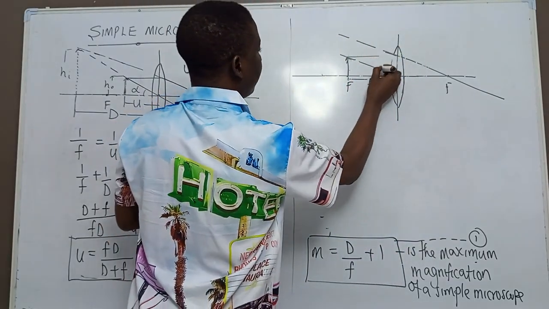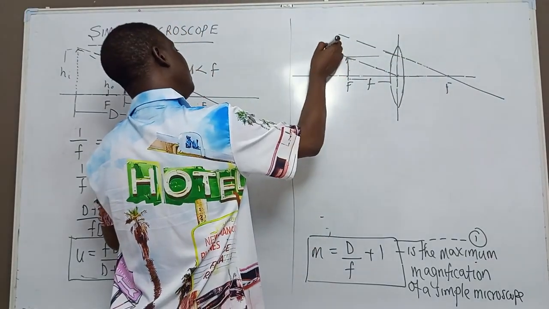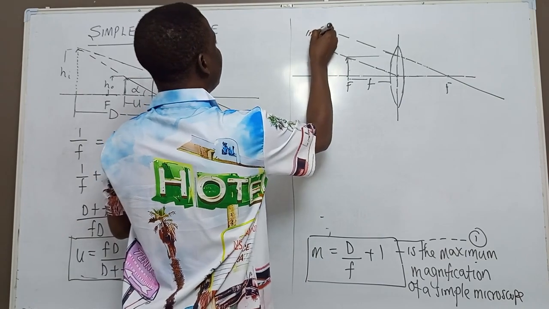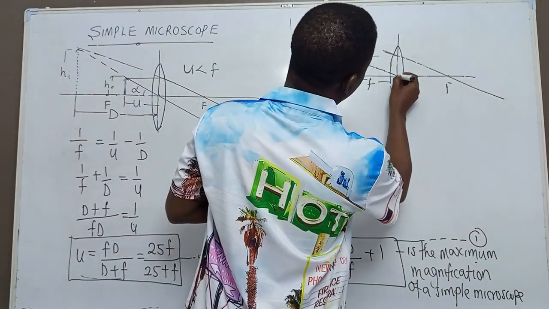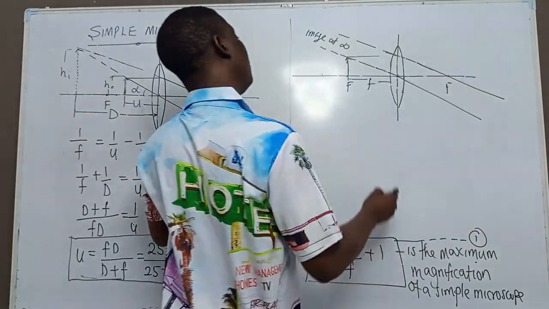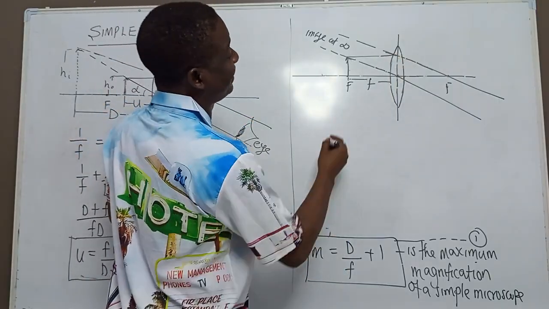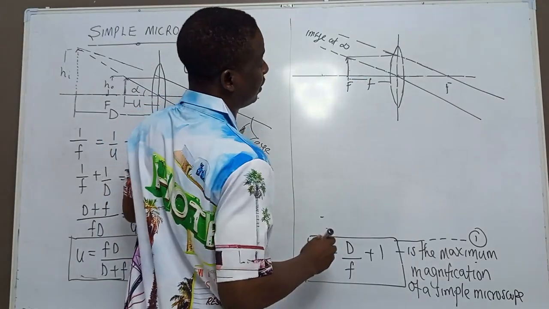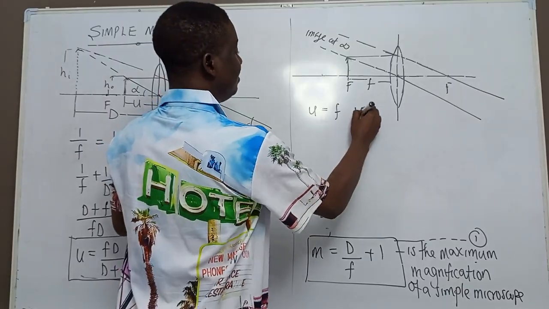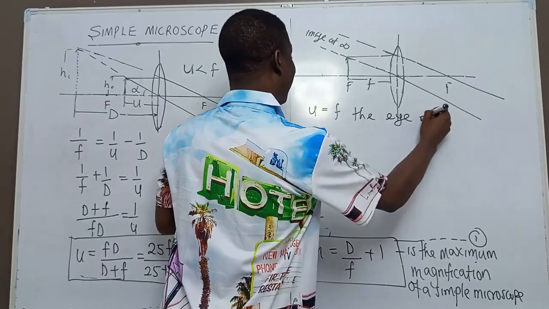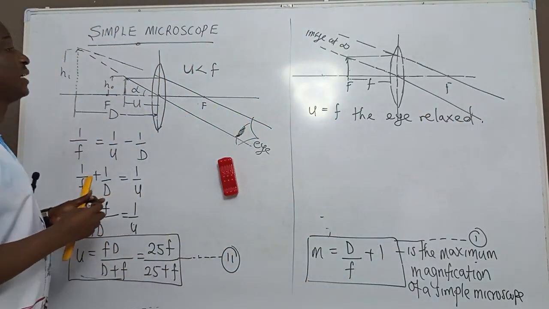So in this case, we have the image sent to infinity. So that means this one now is a simple microscope when the object is at f. When the object is at f, the eye is relaxed.